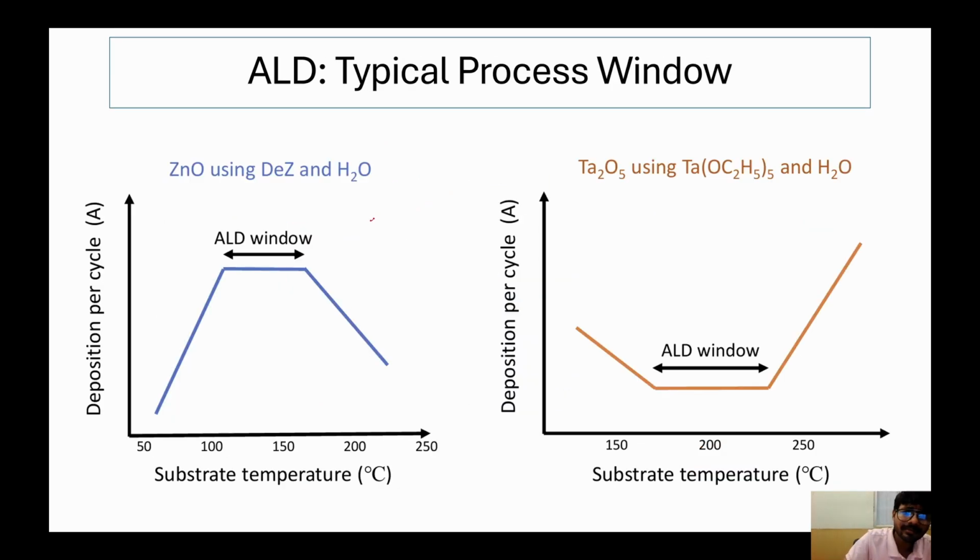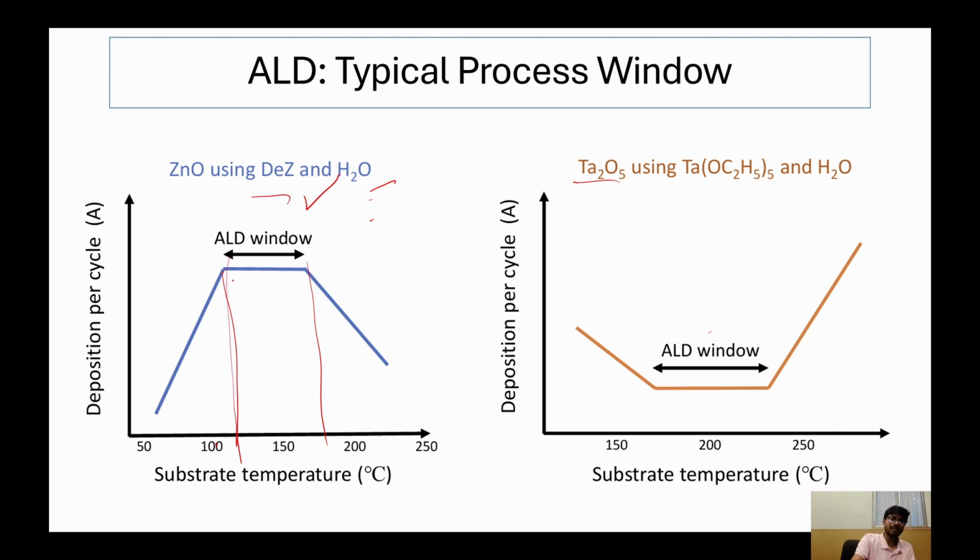This is the typical window for diethyl zinc and H2O, in between around 110 or 120 degrees to 170 or 180 degrees. And this is tantalum oxide with this ALD window.